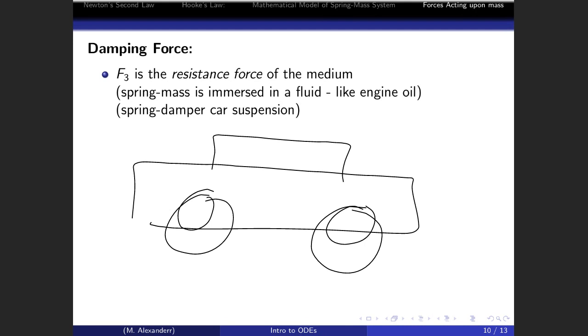Behind the car, and I'm going to draw this in blue, there is a spring that helps the suspension, but next to the spring there usually is also a thing that looks like a tube, but this tube is allowed to get bigger or smaller, and that in car mechanics is called a shock absorber. In physics, it's called a damper. That actually is the proper name, damper, but most people call it a shock absorber.